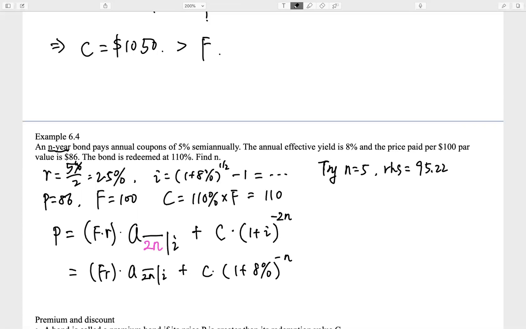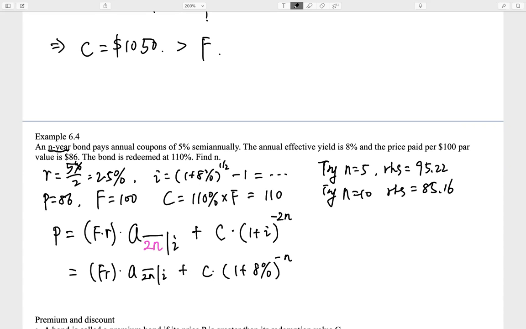So you should try another one. Right-hand side is 85.16. So it's something in between, right?